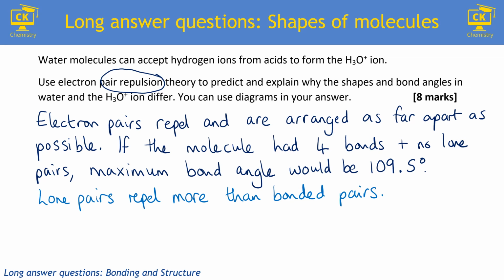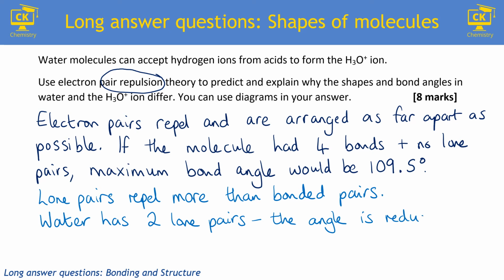That explains why we have different angles because of different numbers of lone pairs. So we can say that water has 2 lone pairs, so the angle is reduced to 104.5, so we're taking off 2.5 degrees for every single lone pair.